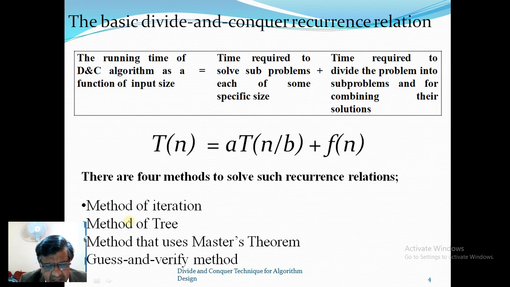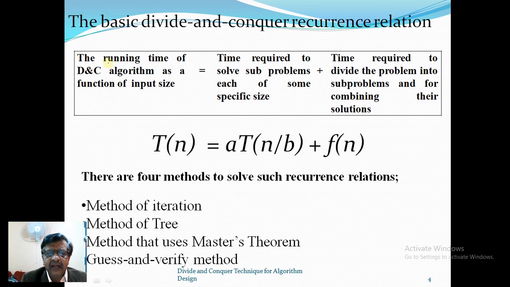Simply told, any divide and conquer algorithm should end up in double recursion, and therefore it ends up in a recurrence relation. Or any algorithm designed using the divide and conquer strategy is destined to be a recurrence relation. Therefore, they are not amenable to analysis under the framework of analysis of algorithms.